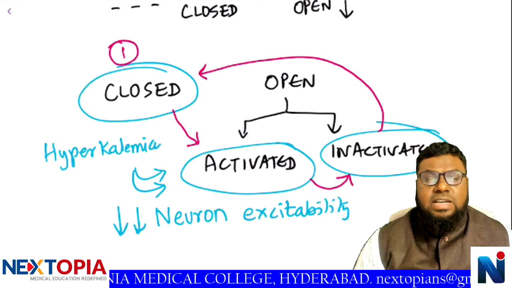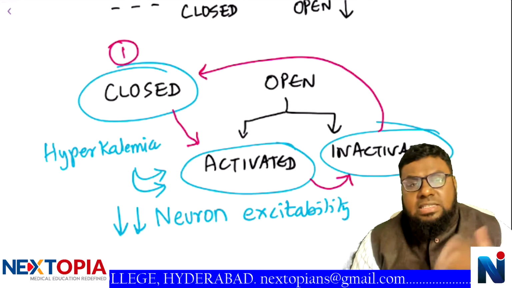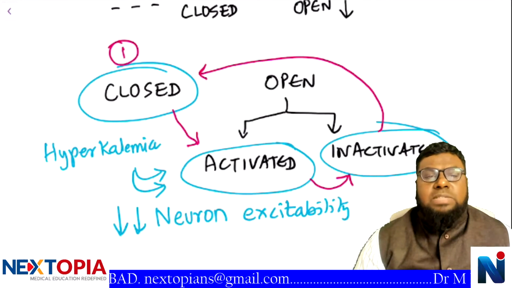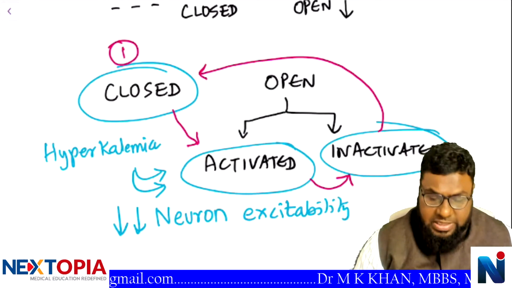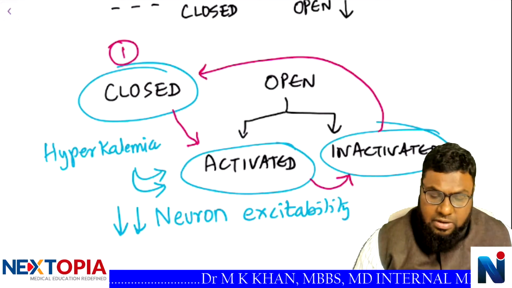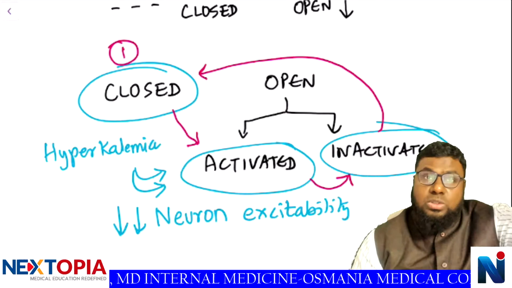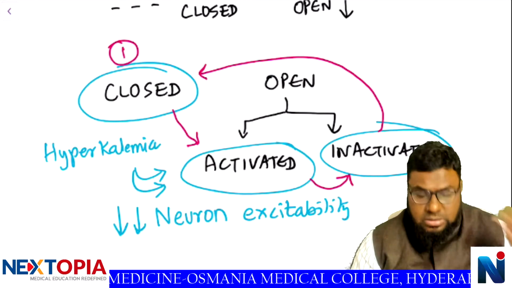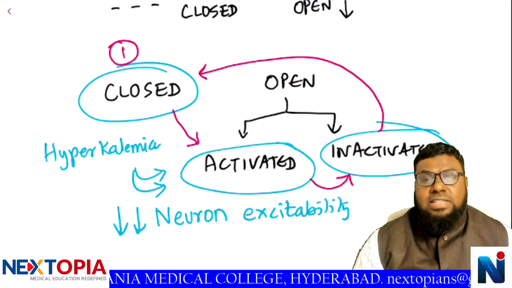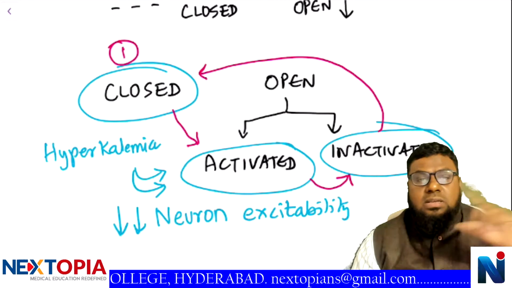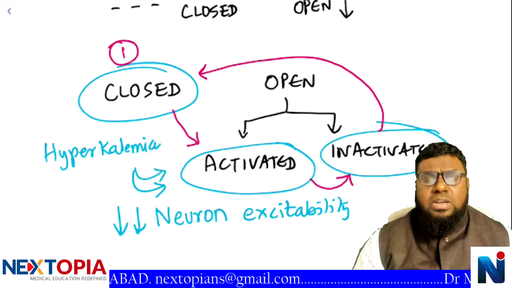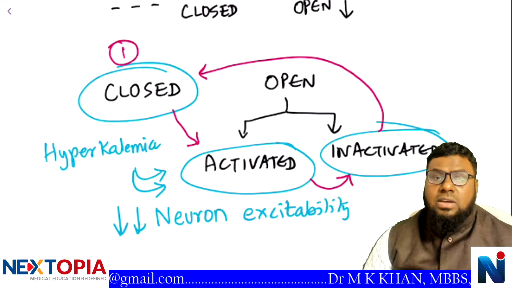So depolarization followed by repolarization, and this is the process happening. Once the sodium channel inactivates, it cannot go back to the open state. Did you understand this? An inactivated channel cannot go back to activated open. It has to go back to the closed state, then again come to the activated state. This process is occurring meticulously, every fraction of a second.